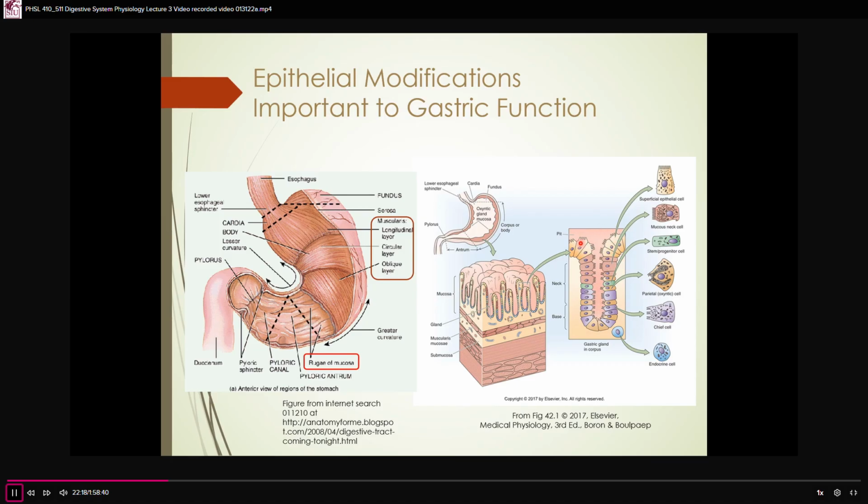So if you remember when we talked about the stomach in the last lecture, we said you could divide it, if you were talking about its motor functions, into 2 main regions, the orad and the caudad parts of the stomach. And those are regions that differ in terms of their motor activity, their contractile activity.